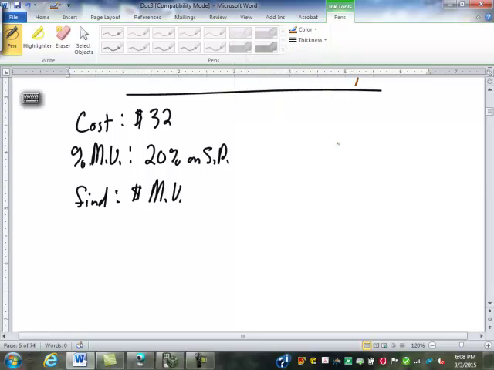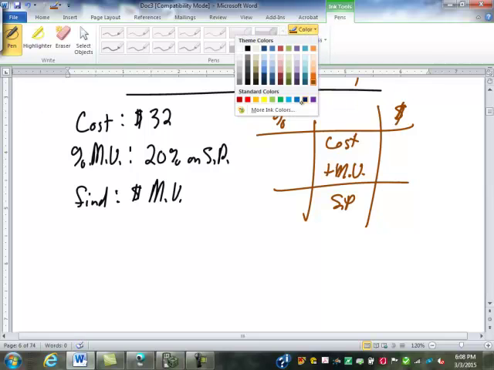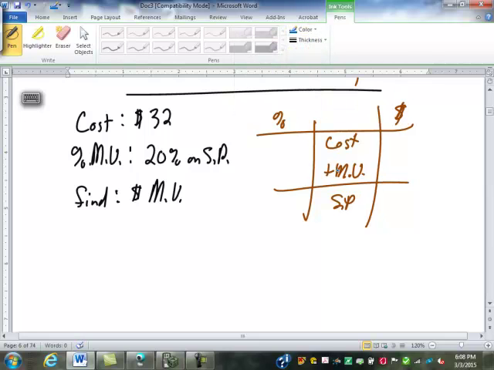I'll do one more example before I turn you guys loose on some. Still cost plus markup equals selling price. Percents and dollars. What do we know? Percent markup of 20, cost of $32.